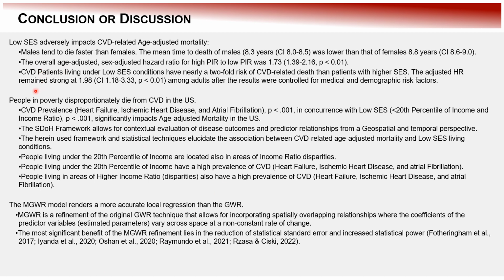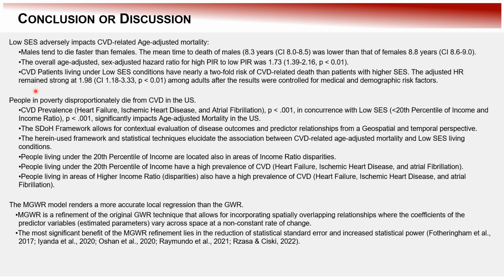Concluding thoughts on the study, we see how low socioeconomic status impacts cardiovascular disease-related age-adjusted mortality, where males were observed to die faster than females or have a lower mean time to death follow-up than females.